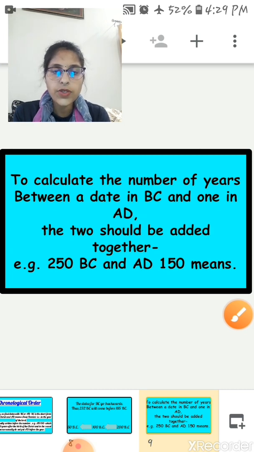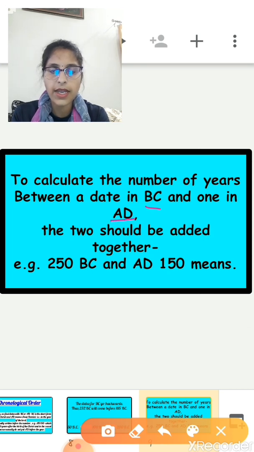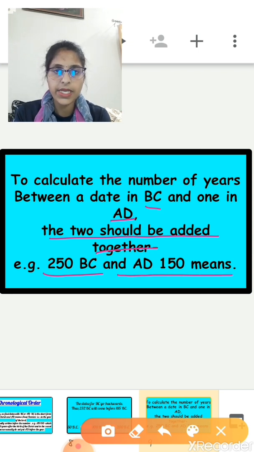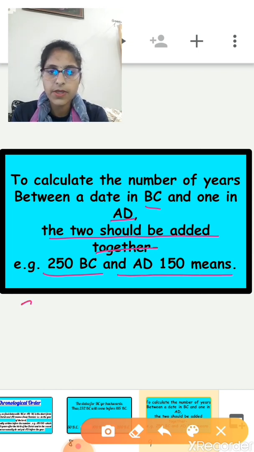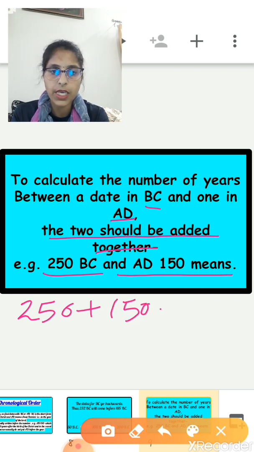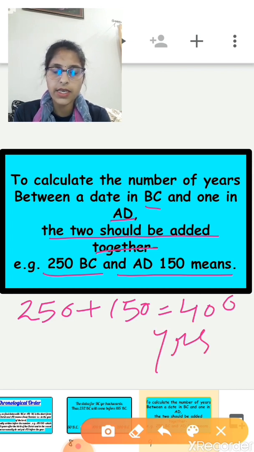Now, how do we calculate the number of years between BC and AD? The two should be added together. For example, 250 BC and AD 150. Here we add 250 plus 150, which equals 400 years. Clear? This is how we calculate the number of years between BC and AD.